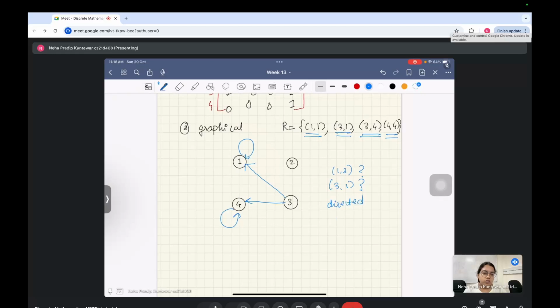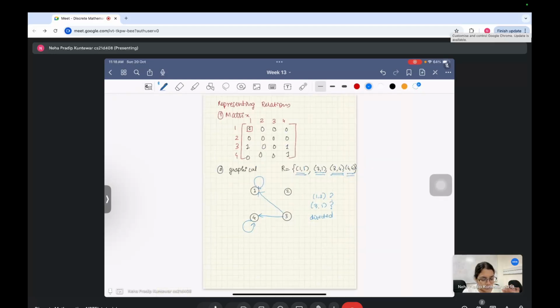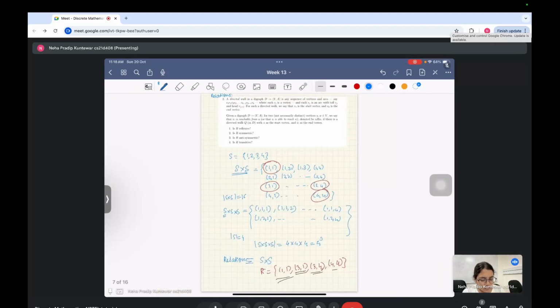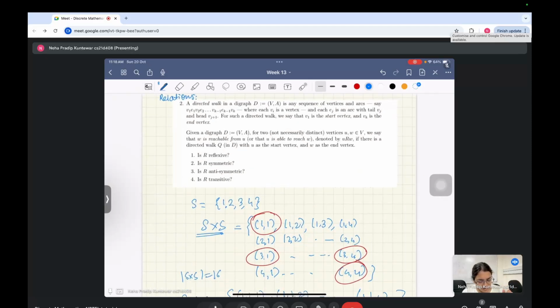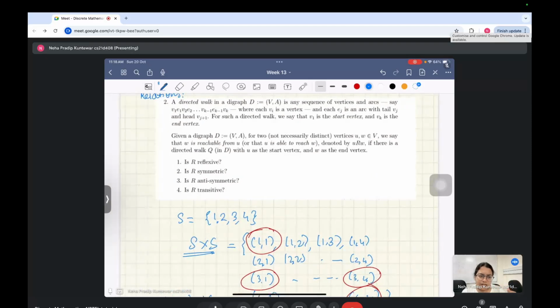So this is what the graphical representation roughly is. That was just to quickly recall the concepts. Now that we have this in our mind, let us formulate this question in terms of a relation.